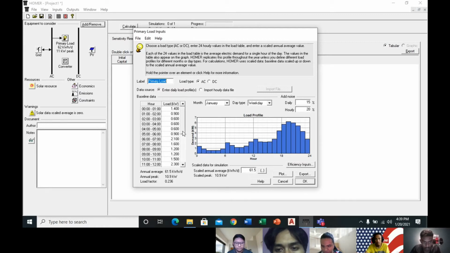Then it continues to increase to 2.1 kilowatts per hour at 6 to 7 a.m. Then it reduces at 7 to 8 o'clock to 1.6 kilowatts per hour, and continues to decrease to 1.2, staying at 1.2 until 10 o'clock in the morning. After that, from 10 to 11, it increases to 1.5. From 11 to 12, it increases to 2.3.